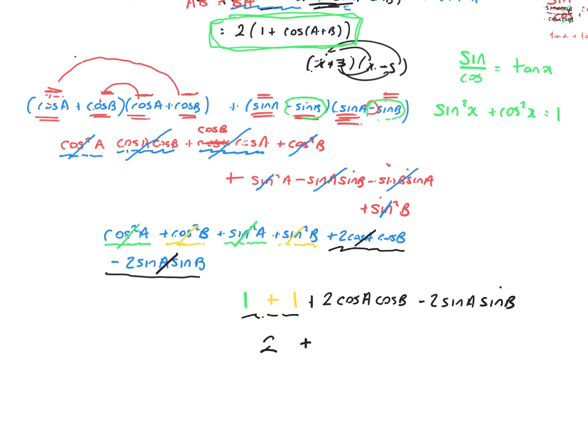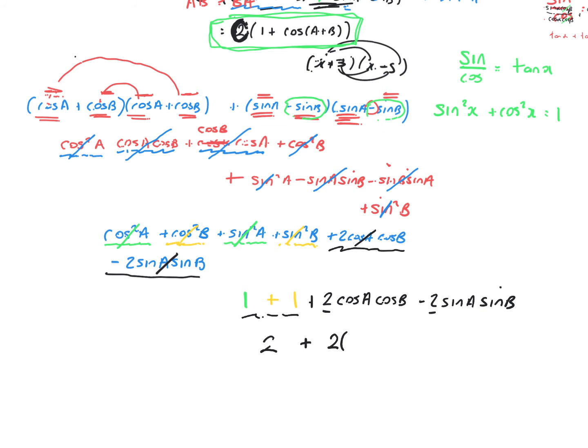Now, what I'm going to do is try and use the final result to see where I go next. The final result is asking me to take out a common factor 2. So I'm going to take out a common factor 2 from here and here.